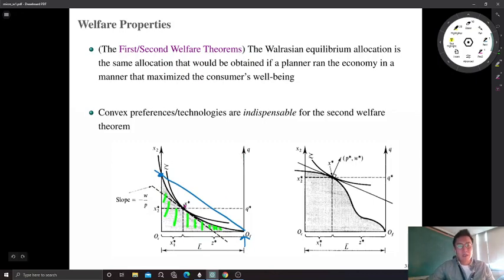So although this price vector supports this point, tangent to the production frontier and consumers' indifference curve, so it looks like consumers and firms are maximizing their objectives, the firm can do better by choosing other points. So in the market mechanism, this allocation cannot be achieved.